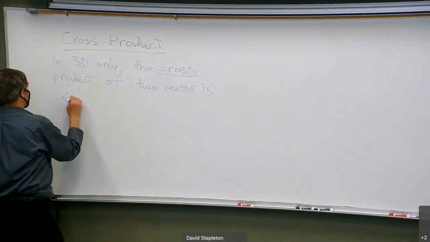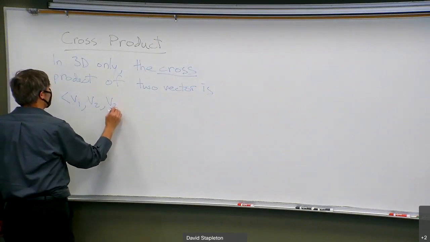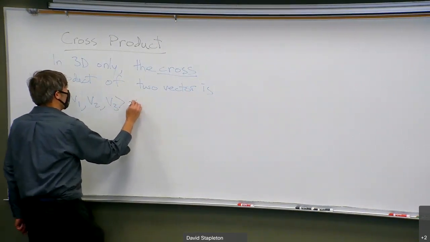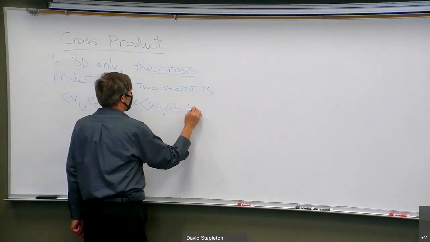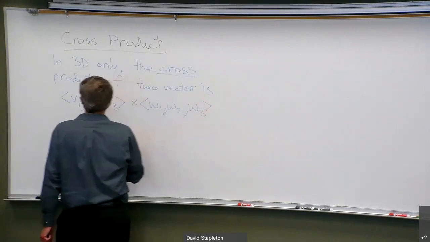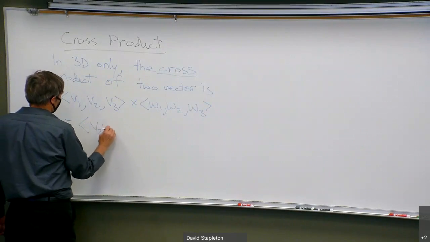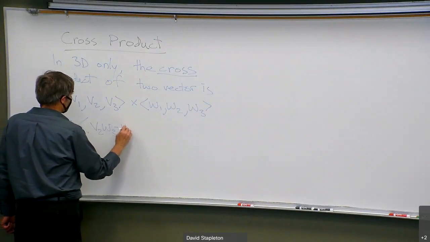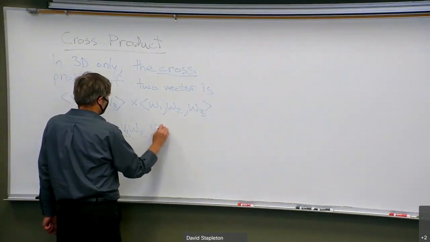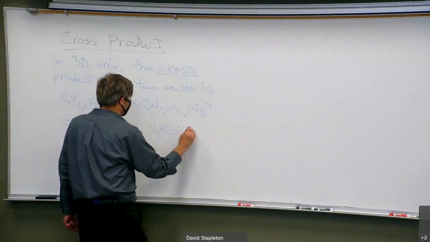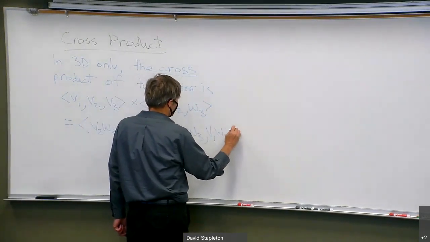So if I take a vector with components v1, v2, and v3, a cross product with a vector with components w1, w2, w3, the result is a vector with these components: v2 w3 minus v3 w2, v3 w1 minus v1 w3, v1 w2 minus v2 w1.